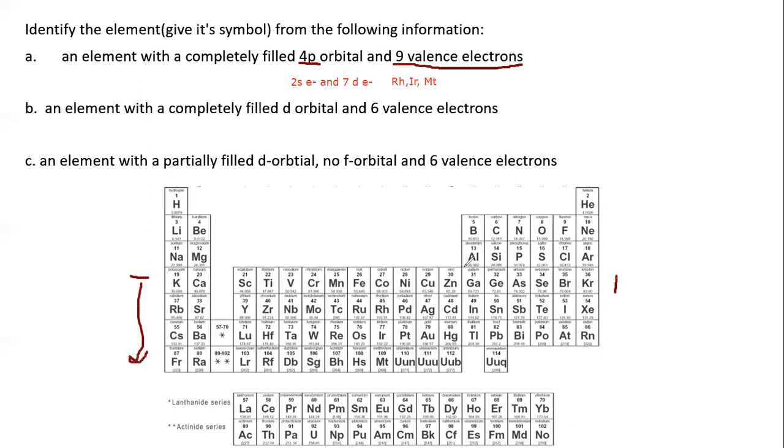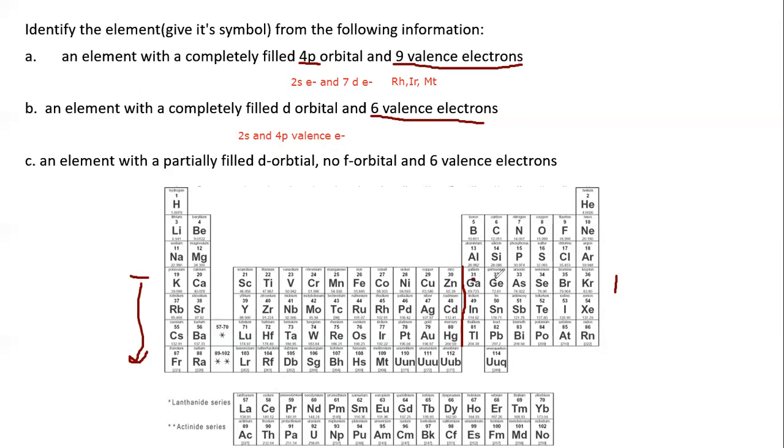So it would have a completely filled d orbital and it would have 6 valence electrons. Since this would be a main group element, there would be 2s and 4p valence electrons. So something with 4p valence electrons.